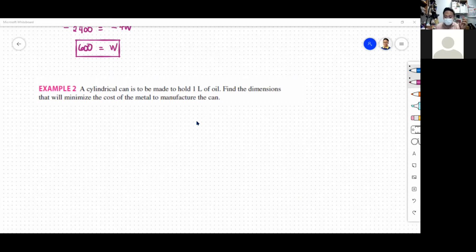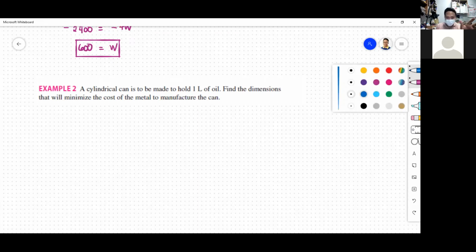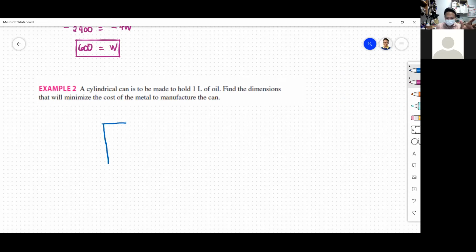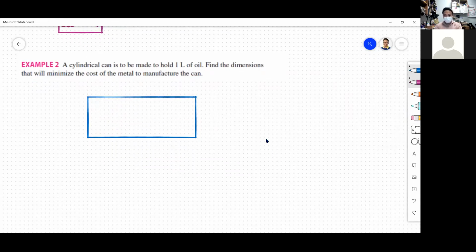I'm going to draw so you can get the situation. Before we make a cylindrical can, it has a flat shape. Do you agree? Then we curve it so it forms a can. Let me just draw it.